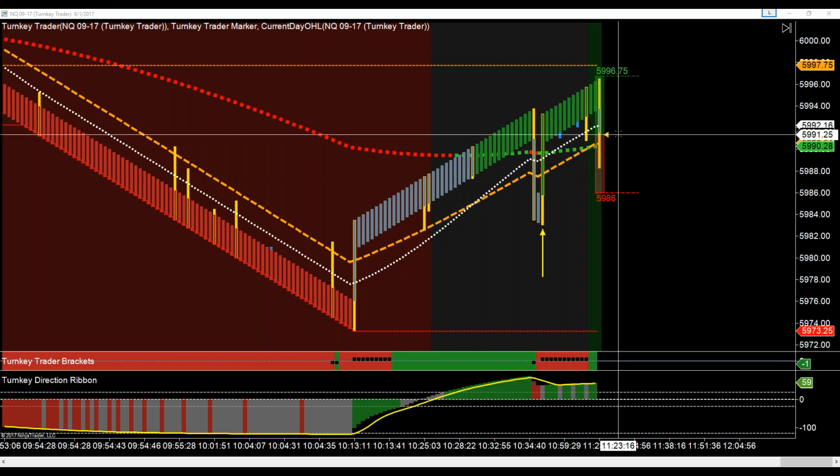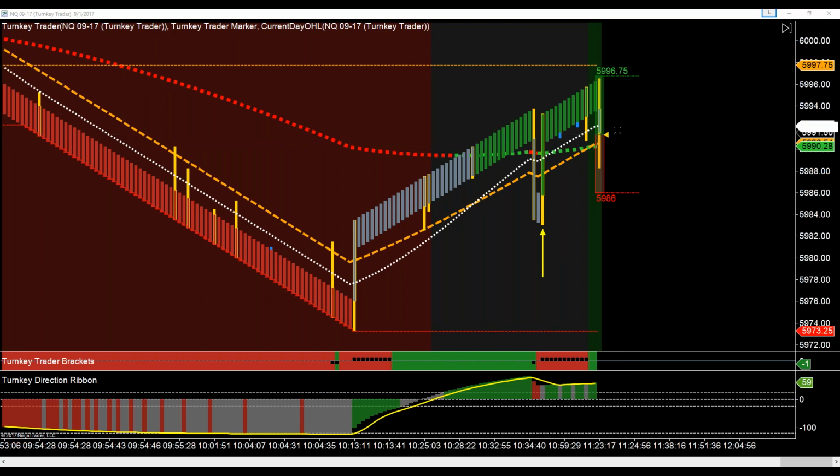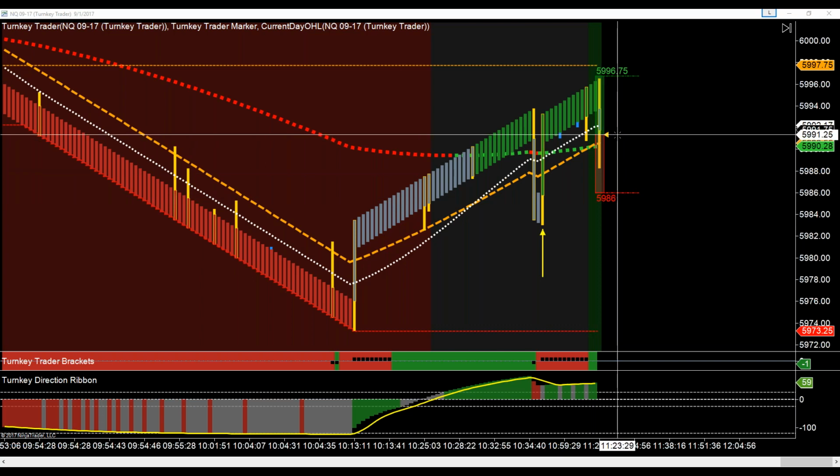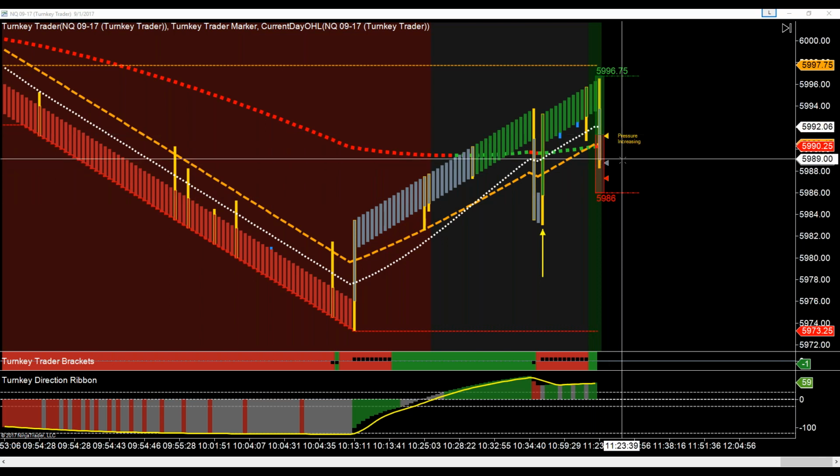But they'll all have to travel through the orange line. So our middle of the bar here kind of gives us a heads up when we've had enough of a retracement, or if we're coming from the opposite direction that we've hit an area where we should start kind of perking up our antenna and looking to see if we have a qualified trade. And there are a couple other triangles here.